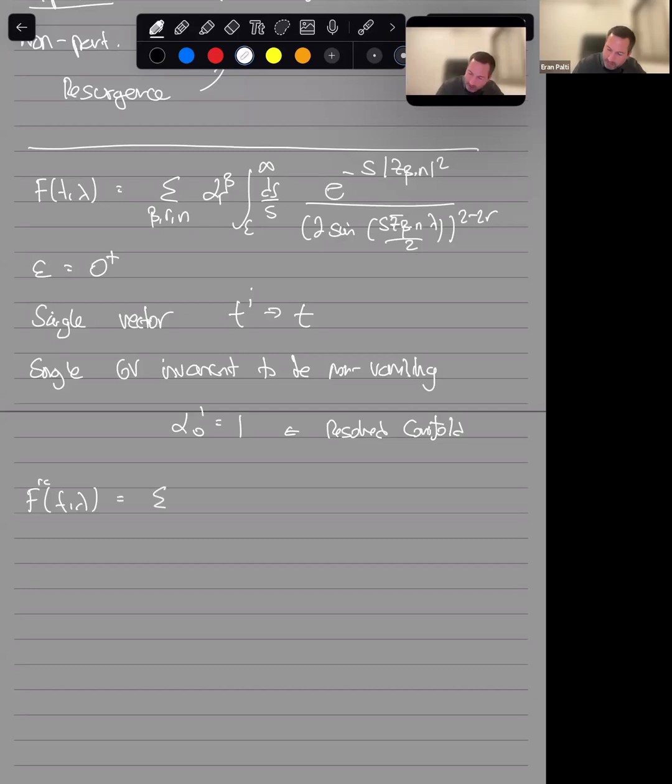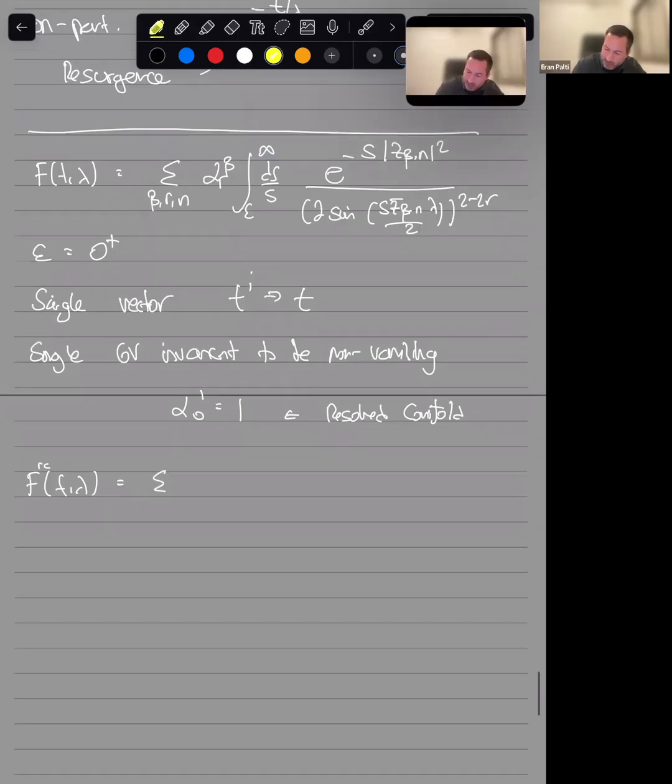Now, because all the Gopakumar-Vafa invariants are vanishing apart from this one, we don't have this sum over beta and R, because we just have one thing that's non-vanishing. So we have a much simpler formula. It just looks like this. Sorry, there's no beta anymore.